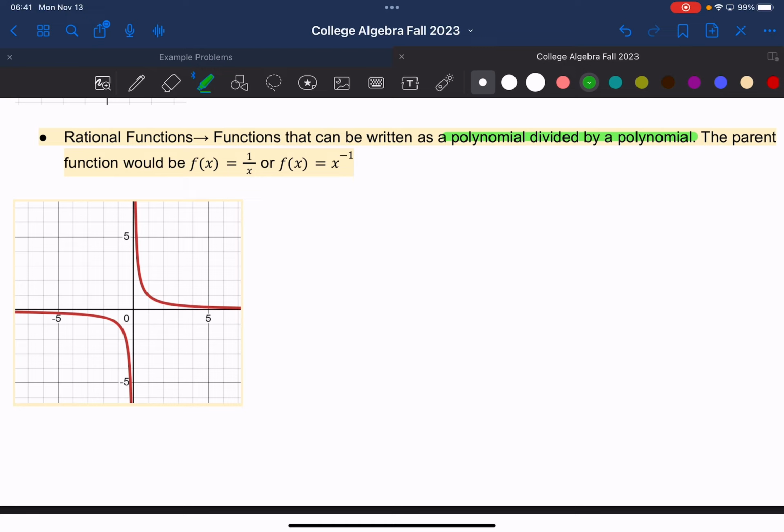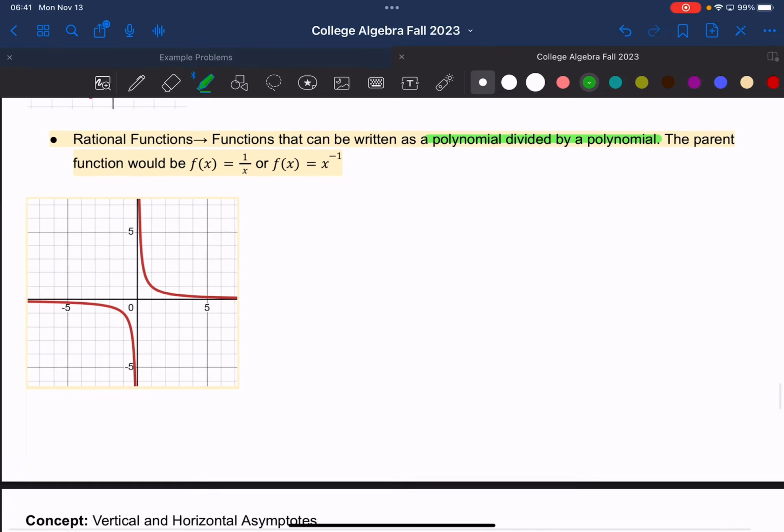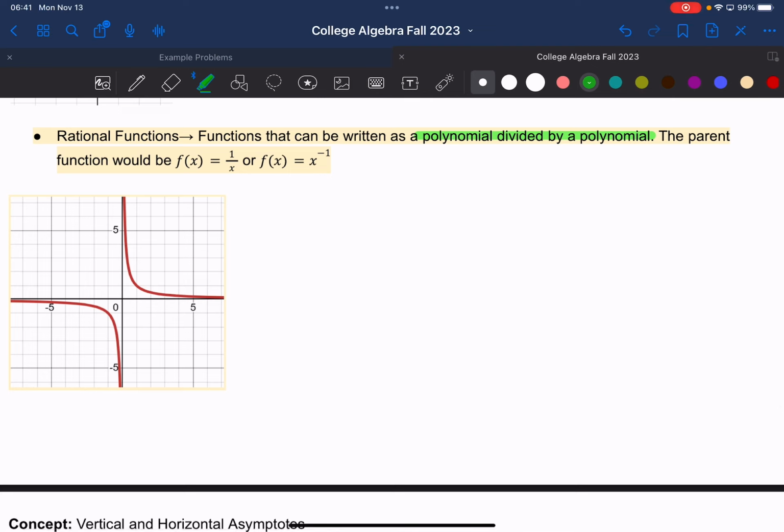When you see the word parent function, that tells you that it is the most basic the function can get. Other functions that are playing off of the parent function are called child functions.